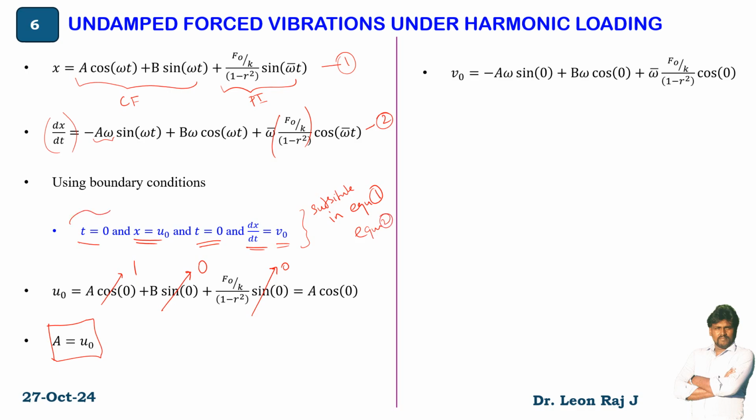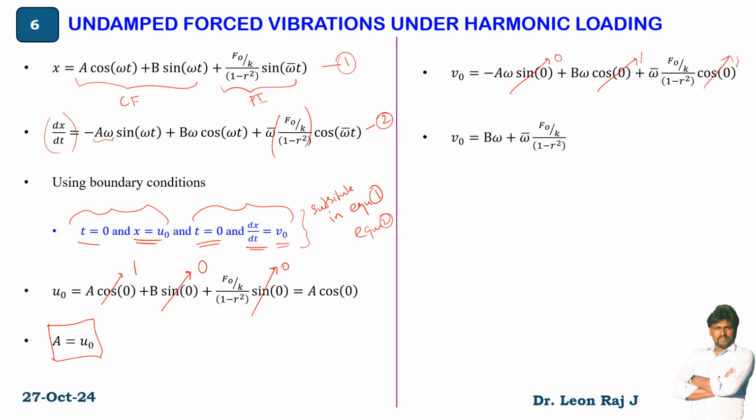So this is the first boundary condition, to be substituted in equation 1, and this is the second boundary condition, to be substituted in equation 2. So v0 is equal to minus a omega sin 0 plus b omega cos 0 plus omega bar f0 by k cos 0 divided by 1 minus r square.